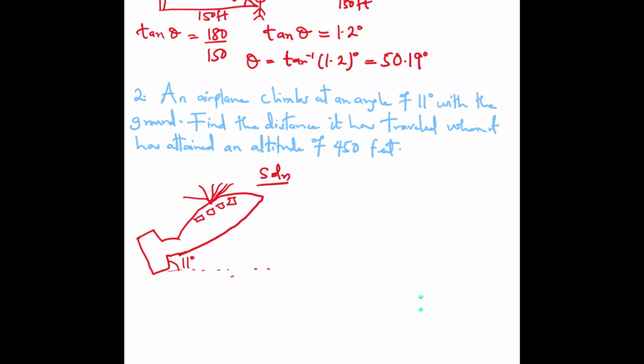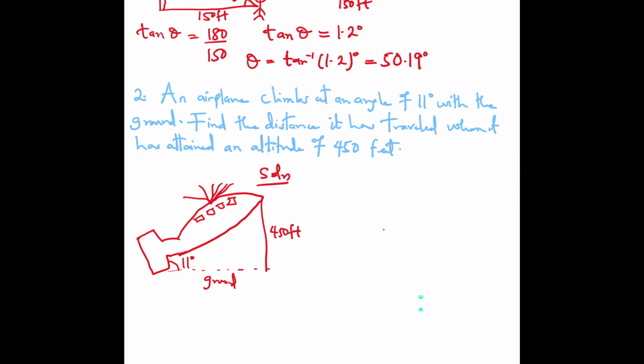And it says we should find the distance it has traveled when it has attained an altitude of 450 feet. So the height that the airplane has reached in the atmosphere is 450 feet. It makes 11 degrees with the ground.